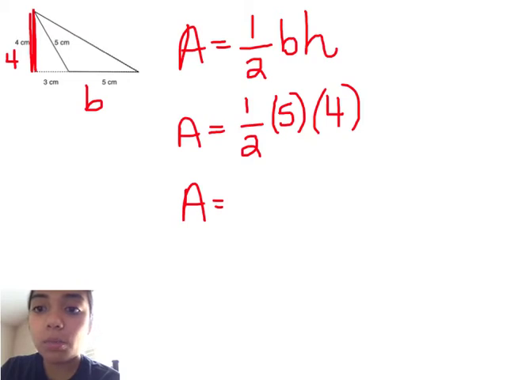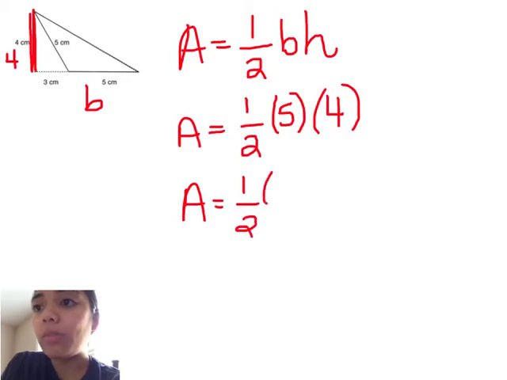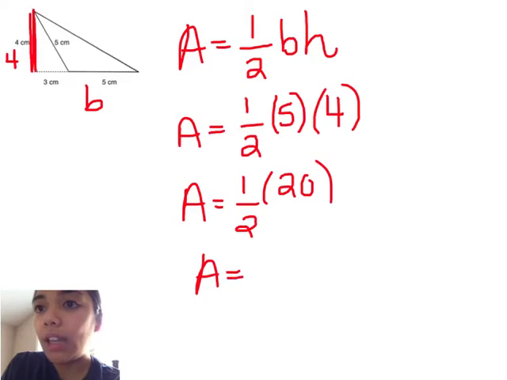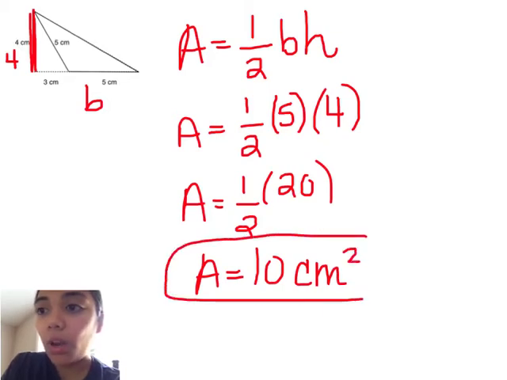But because it's all multiplying, I can go in whatever order I want to. So I can do 1/2, 5 times 4 is 20, and half of 20 is 10. This is area, and I know that I need to label because I'll get counted off on my homework if I don't. 10 square centimeters, because it's area, it's two-dimensional.